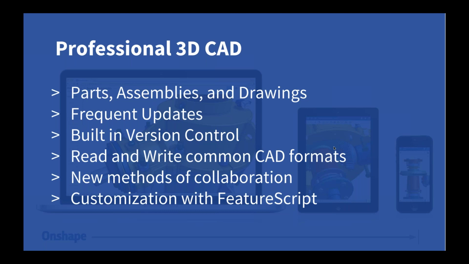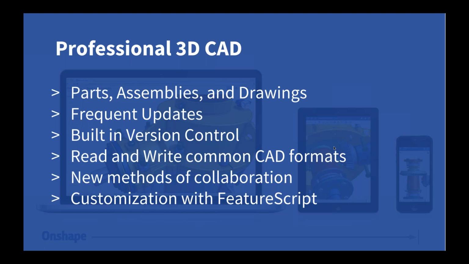The biggest thing I like to stress is you just never have to worry about check in, check out. Is this the latest version? Do I have the right files? If you're working on the same data set, there's a whole bunch of administrative issues that just disappear. So new methods of collaboration really try to improve the collaborative experience at the core Onshape level, but also little things like comments. You can integrate comments into your document.